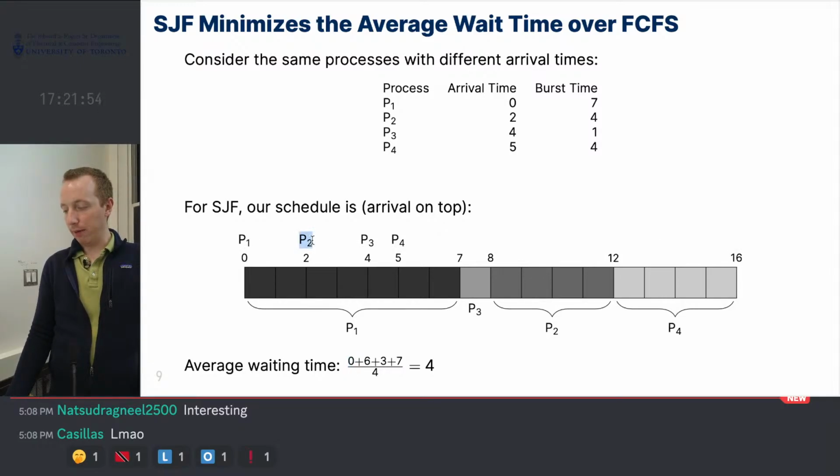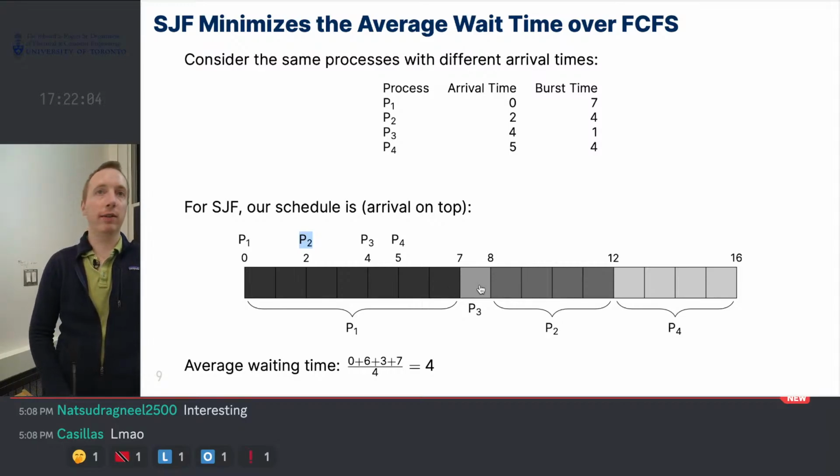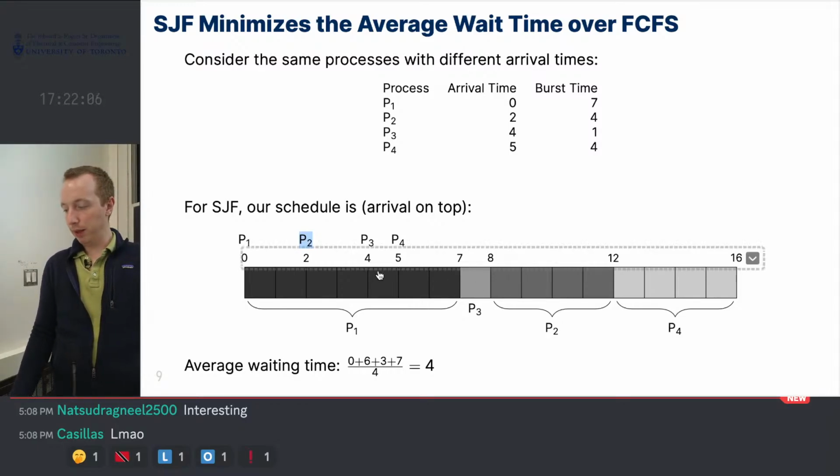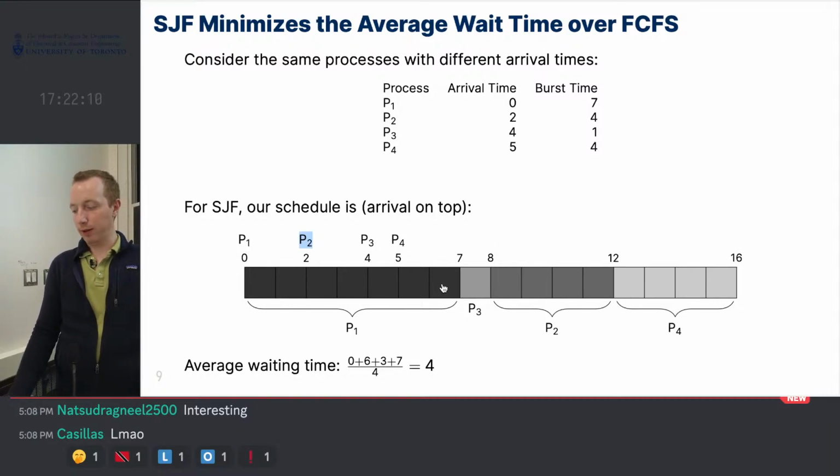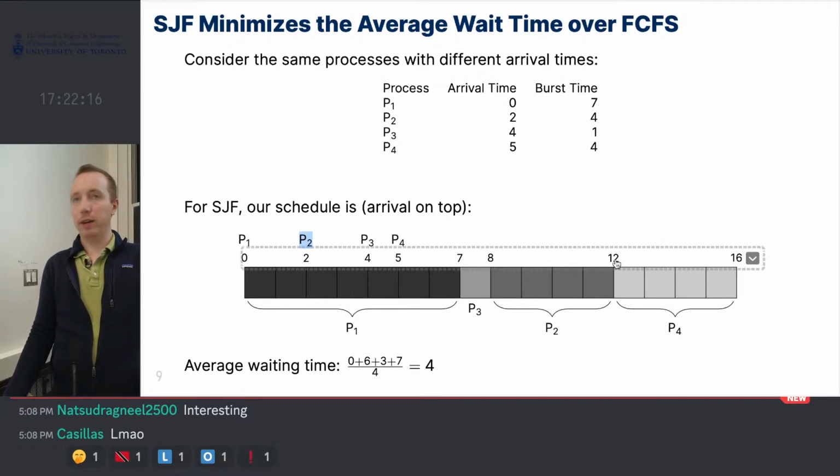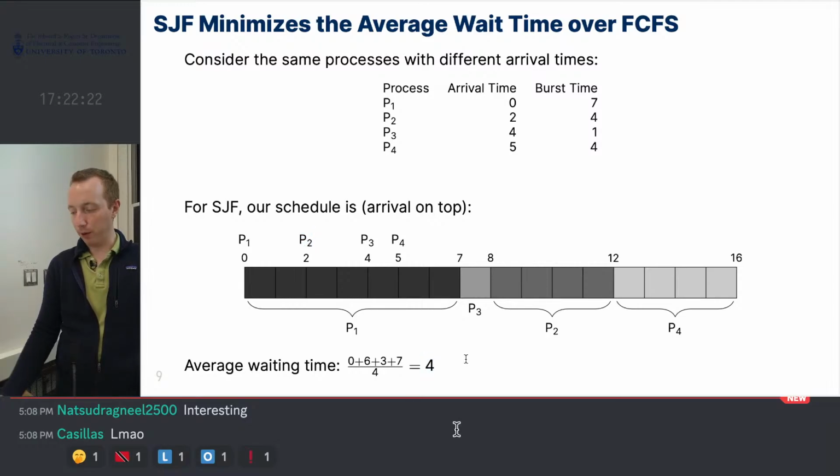P2 arrived at time 2, and it waited for 1, 2, 3, 4, 5, 6 time units until it started executing. P3 waited for 1, 2, 3 time units before it started executing. And then P4 waited for 7 time units because it arrived at 5 and didn't start executing until 12. 12 minus 5 is 7. So its average waiting time now is 4.